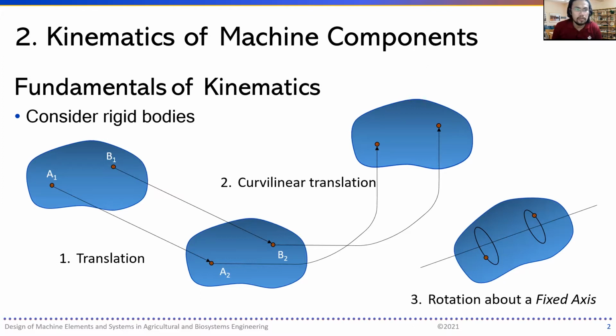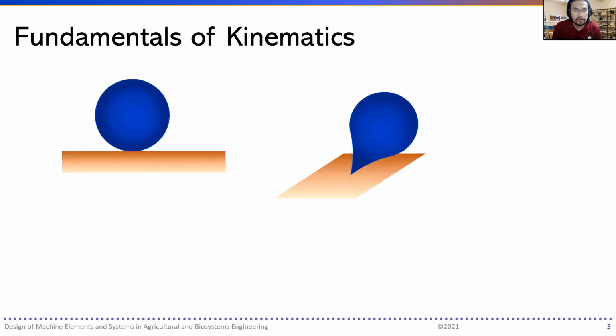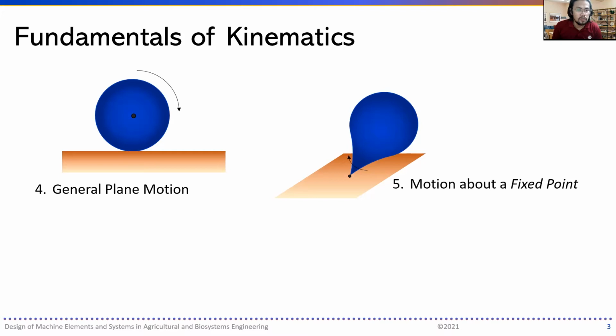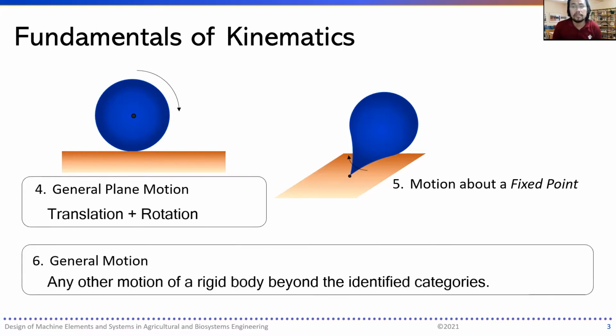Now, there's also general plane motion as shown, like that of movement of a wheel, and there's the motion about a fixed point, which is generic for tops, and then there's general motion, and that would mean another motion of a rigid body that's beyond these identified types of motions. General plane motion can be broken down into two, that's translation and rotation.